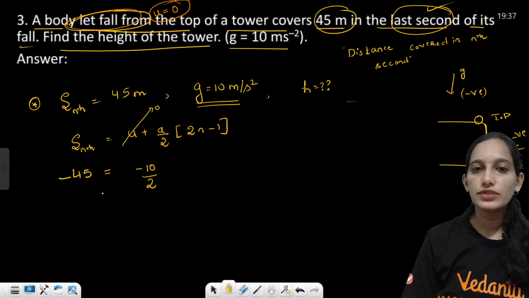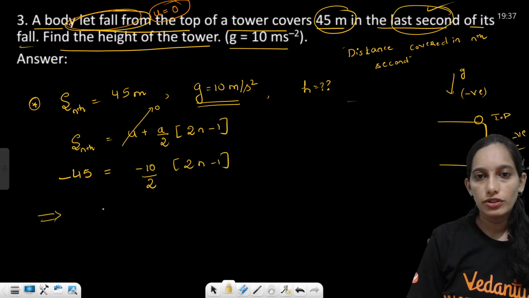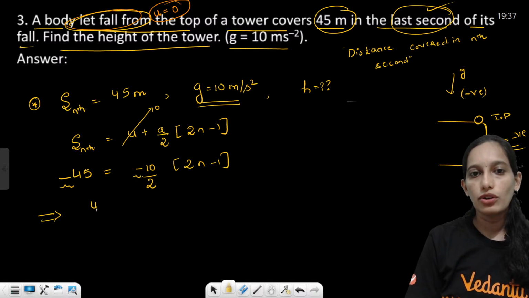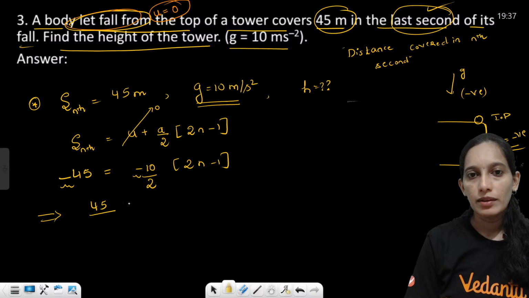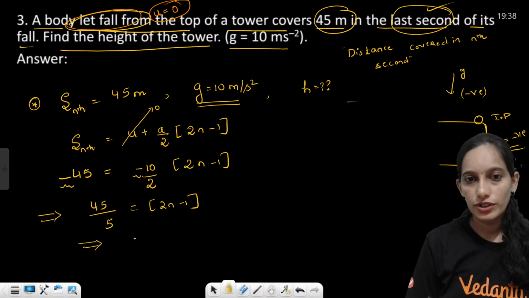So minus 45 is equal to minus 10 by 2 into 2n minus 1. Here also there is a minus, here also there is a minus, so that will go away. What we get, 45 by 5 is equal to 2n minus 1.